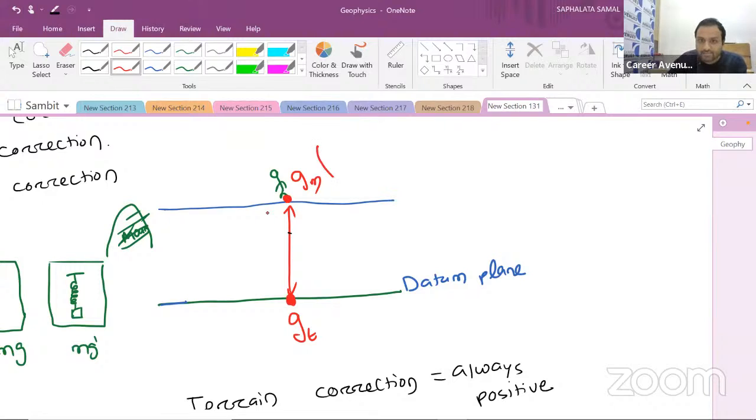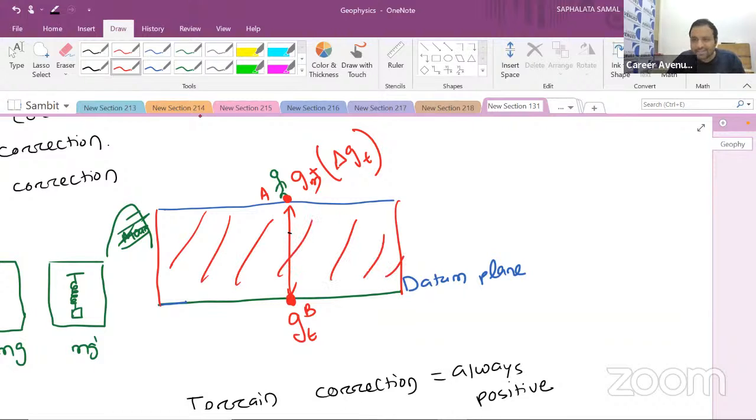First, I added the terrain correction, del GT. And now my surface is behaving like a smooth surface. But between this point, let's say this is the A point and this is the B point, between A and B there is a mass involved.